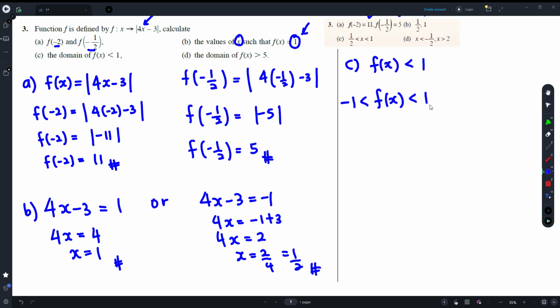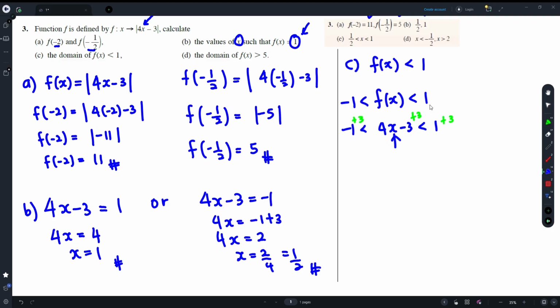Less than always follows this particular way of writing. It should be the positive of whatever number is given here and the negative of this number. So negative 1 is less than f(x) without the modulus, which is 4x minus 3, less than 1. Now we have to make x the subject. In order to do that, I need to eliminate the minus 3 and the times 4. First, I add 3 to every position to eliminate the negative 3.